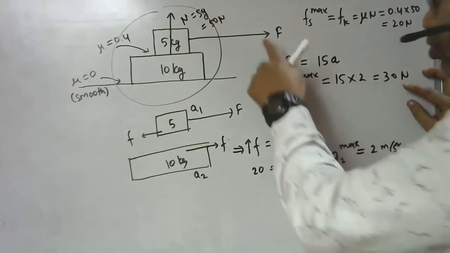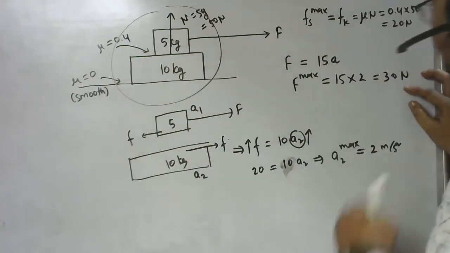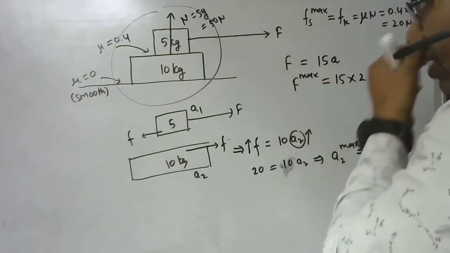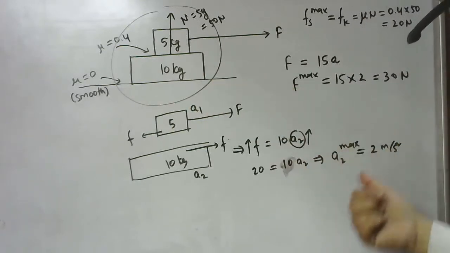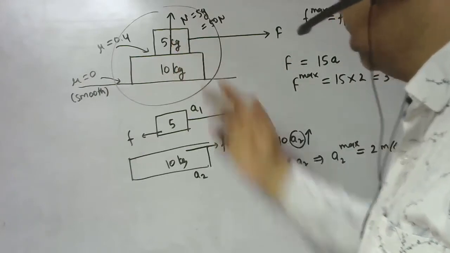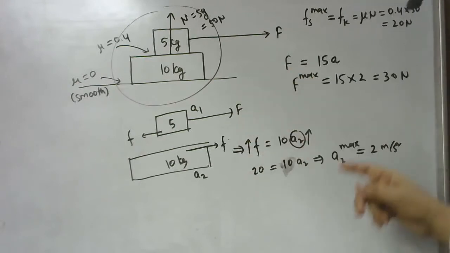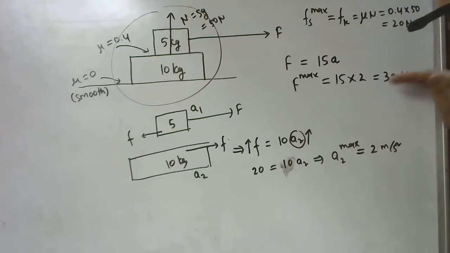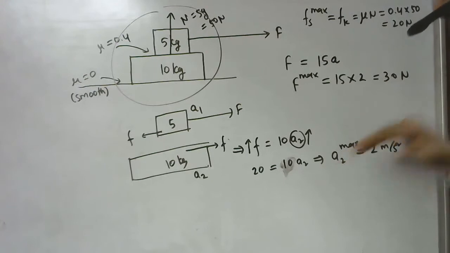If the force F exceeds 30, they will accelerate separately, and if the applied force is less than 30, they will move together, because the lower block cannot have acceleration greater than this. So for moving together, the upper block must have acceleration below this value, and so the force must be below 30 Newton. This is the boundary above which they move separately, and below this they move together.